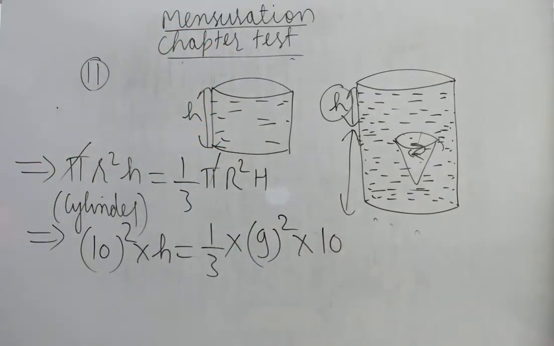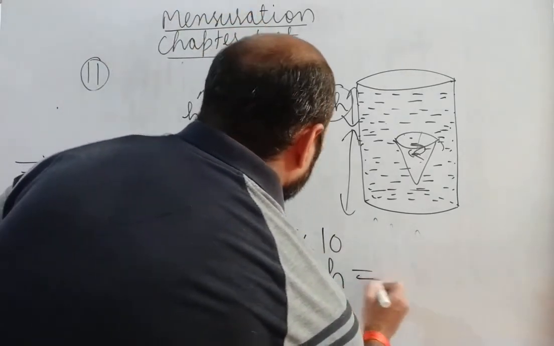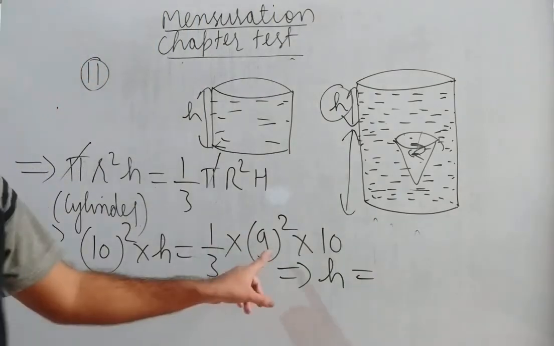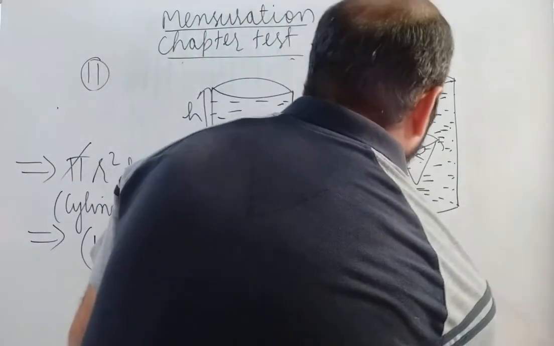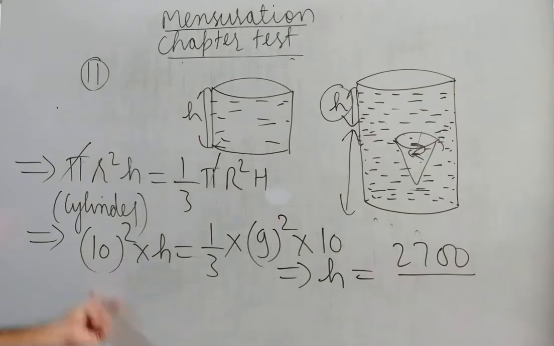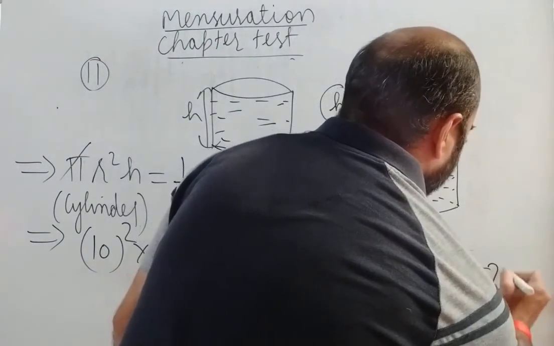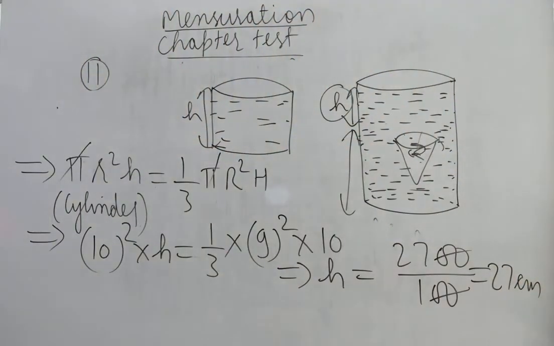Correct? So finally, what is the amount of h? h will be, see, this will become 8100 upon 3. See, 8100 upon 3, that is 2700. 2700 upon, and this is 100 transpose. This is 100. It means finally the answer will be 27 centimeter. Correct? Clear this part?